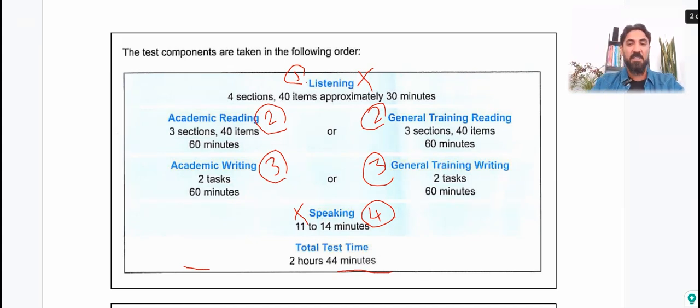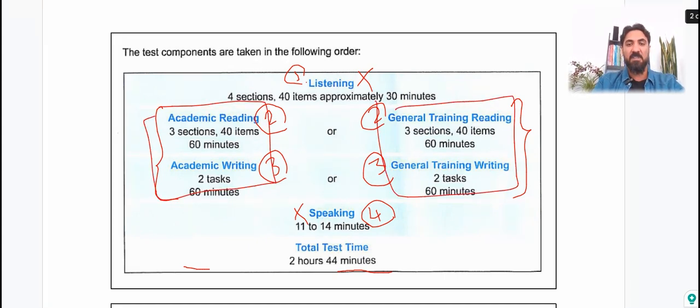The difference is in the reading and in the writing. As you can see, this section focuses on academic reading and writing, and this part is the general reading and writing.